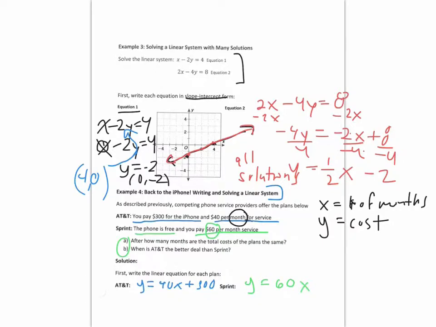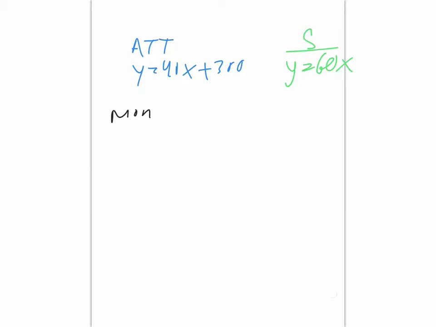So let's think about this. I'm going to bring up a blank page. AT&T, we said, was 40x plus 300. And Sprint, the cost was 60x. And let's just think about what's going on here. If we think about month 1, for example, here's my AT&T, here's my Sprint.